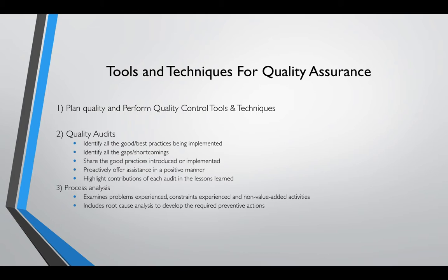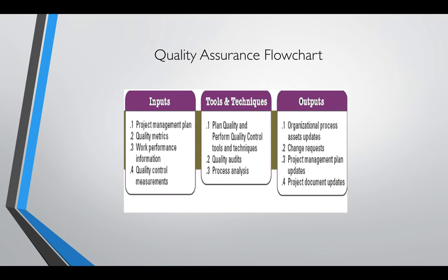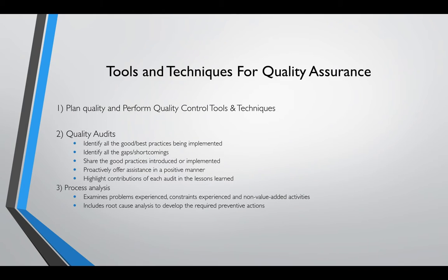Now we're going to go to tools and techniques. So we're going to choose this center one right here. So tools and techniques. So plan quality and perform quality control tools and techniques. Quality audits. So we identify all the good best practices being implemented, identify all the gaps, shortcomings, share the good practices introduced or implemented, proactively offer assistance in a positive manner, and highlight contributions of each audit in the lessons learned.